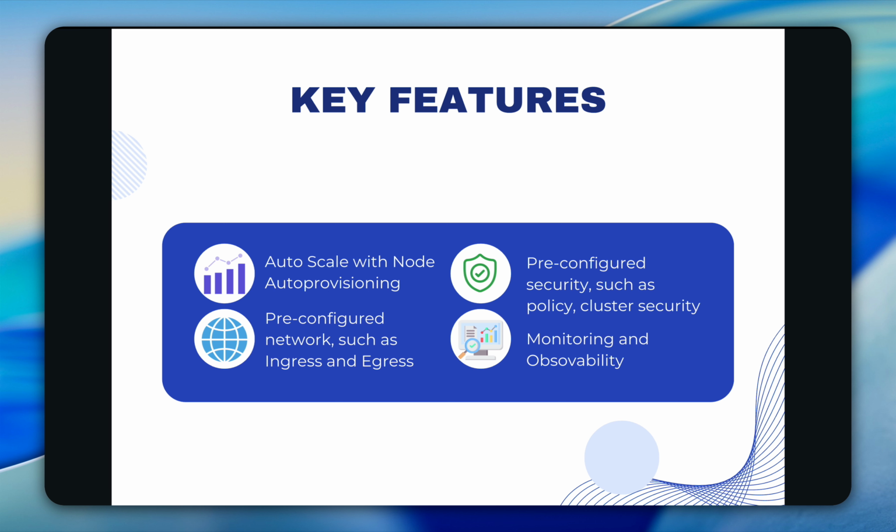In the standard AKS clusters, we need to have auto scaling enabled, but node auto provisioning is different because it uses Karpenter in the background. Based on your workloads, it will select which node SKU or node type is suitable for that specific workload.